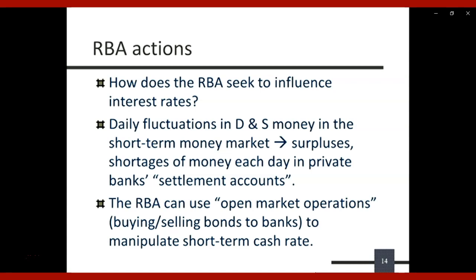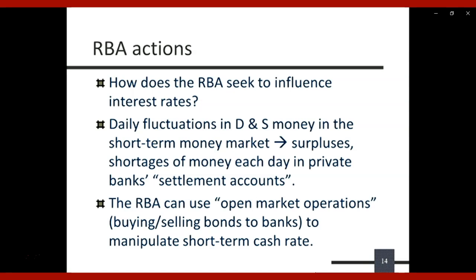What happens to the price of borrowing money? The interest rate goes up. So what the Reserve Bank does is it creates a shortage. How does it create a shortage of money? It sells government bonds, and in exchange, they give money to the Reserve Bank. That's now gone. Now the banks have a shortage of money because they've got pieces of paper instead. So now there's a shortage of money.